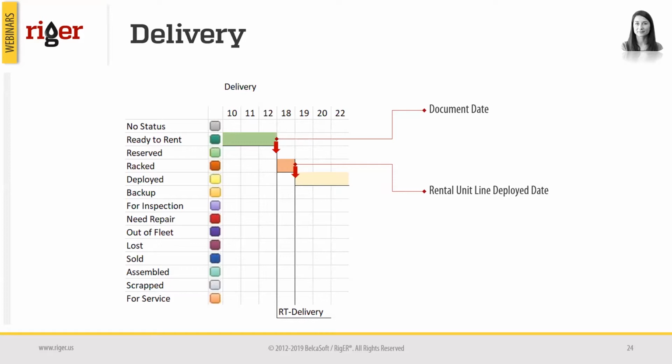Yeah, and actually the status racked means that you need some time to set up the unit in the field. If you have a difference between the movement date and the rental period starting date, this will be the status racked.